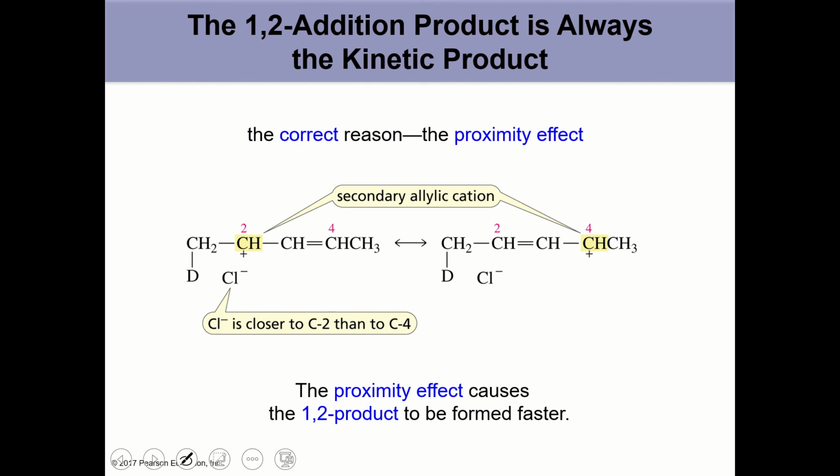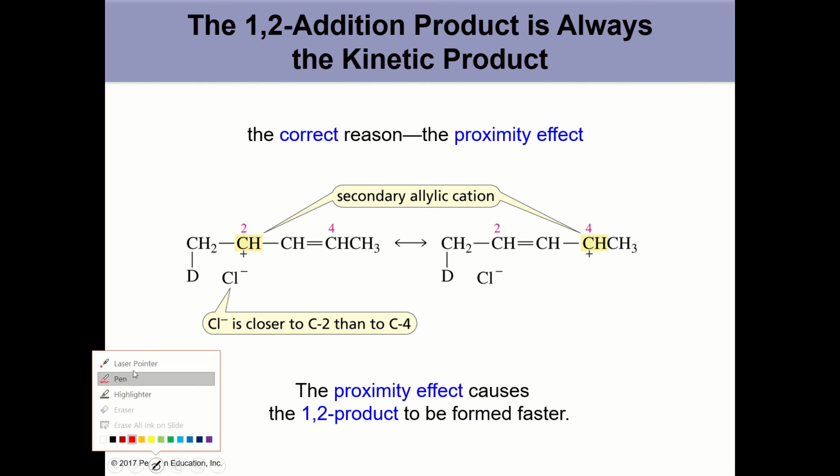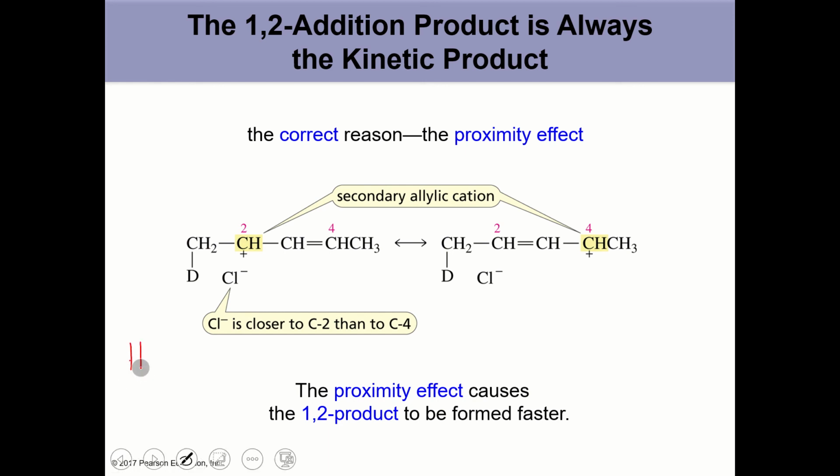All right. The correct reason for the 1,2 addition product always being the kinetic product is the proximity effect that I was talking about earlier. And here they're using for their example, instead of HCl, DCl.